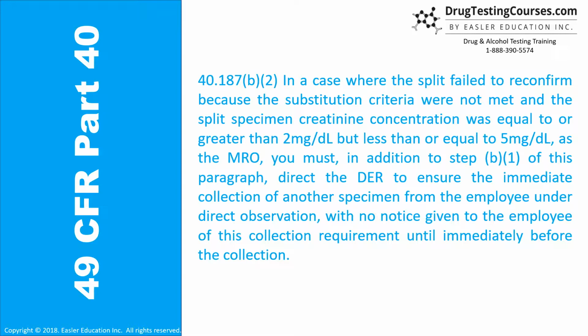In a case where the split failed to reconfirm because the substitution criteria were not met and the split specimen creatinine concentration was equal to or greater than 2 mg per deciliter, but less than or equal to 5 mg per deciliter, as the MRO, you must, in addition to step B1 of this paragraph, direct the DER to ensure the immediate collection of another specimen from the employee under direct observation with no notice given to the employee of this collection requirement until immediately before the collection.